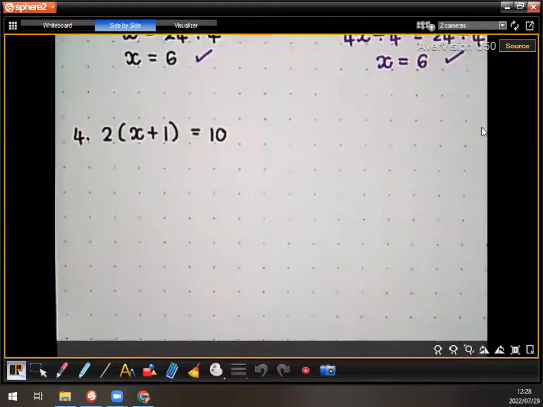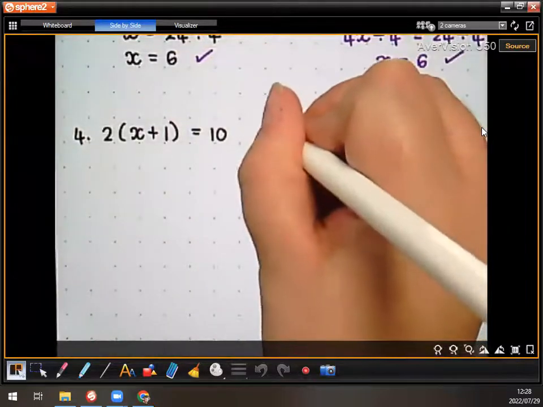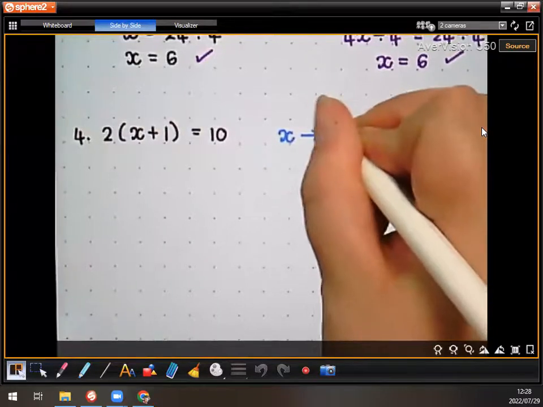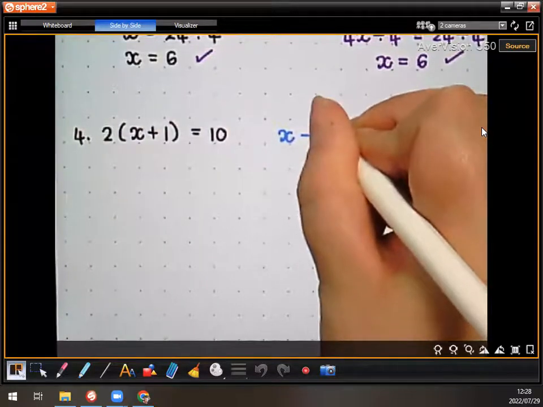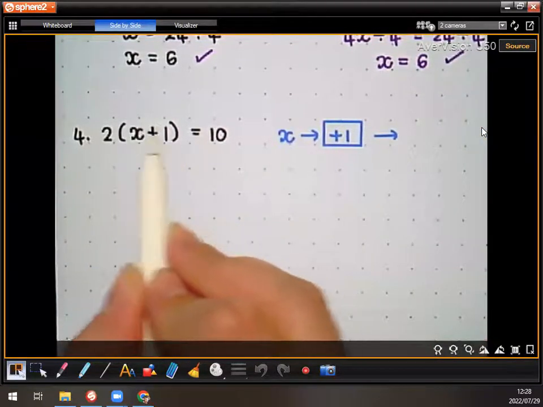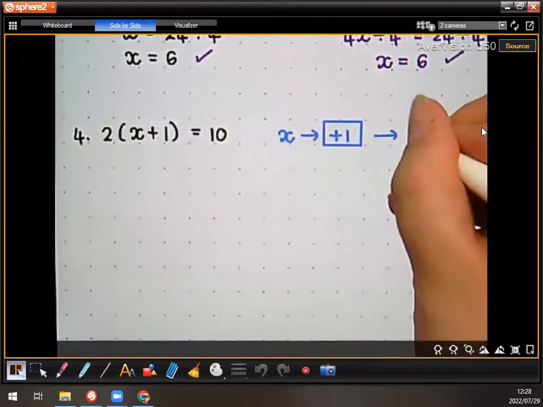So if you wanted to draw your flow diagram for this, you would have an x. First, you are adding 1. And then you are taking that answer, x plus 1, and you are multiplying that by 2.